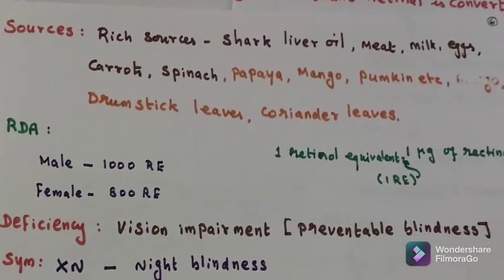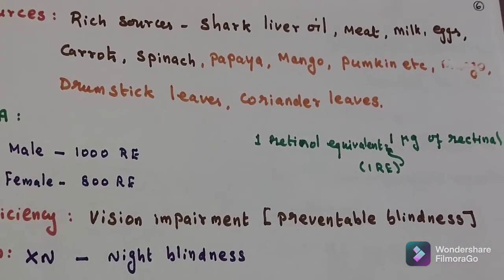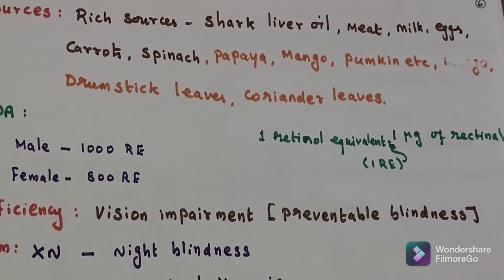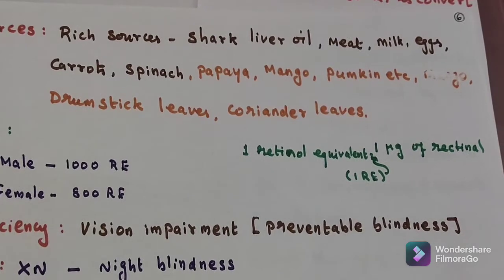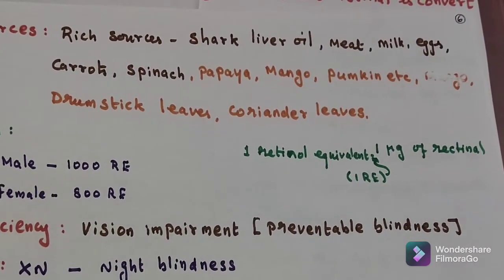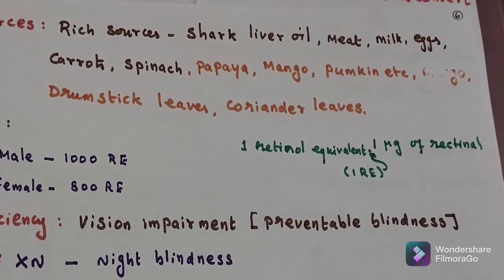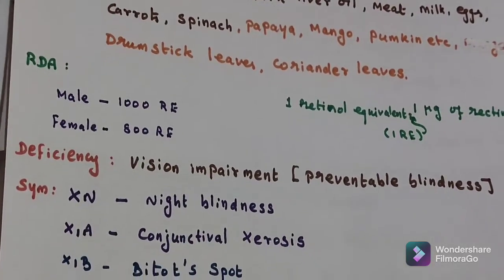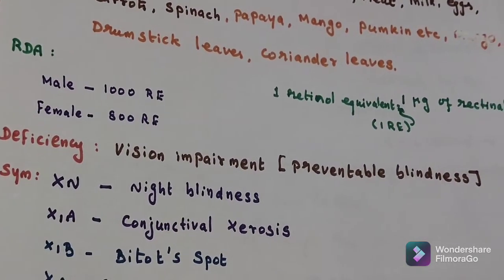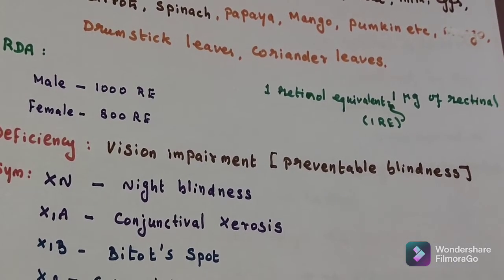Next one is sources of vitamin A. Vitamin A is rich in shark liver oil or cod liver oil, also present in meat, milk, egg, carrot and orange colored fruits like papaya, mango, pumpkin, then drumstick leaves, coriander leaves, etc. Then RDA, recommended daily allowance for male is 1000 RE, that means retinol equivalent.